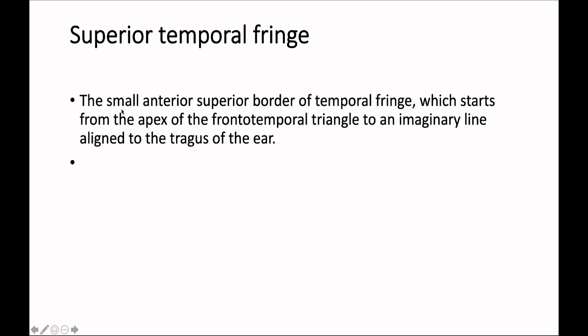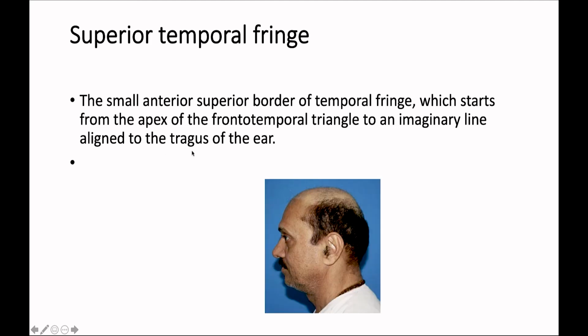Superior temporal fringe: the small anterior superior border of the temporal fringe, which starts from the apex of the frontotemporal triangle to an imaginary line aligned to the tragus of the ear. Let's understand this. This is the vertical meatus line, which is dividing between the superior temporal fringe and the parietal fringe.